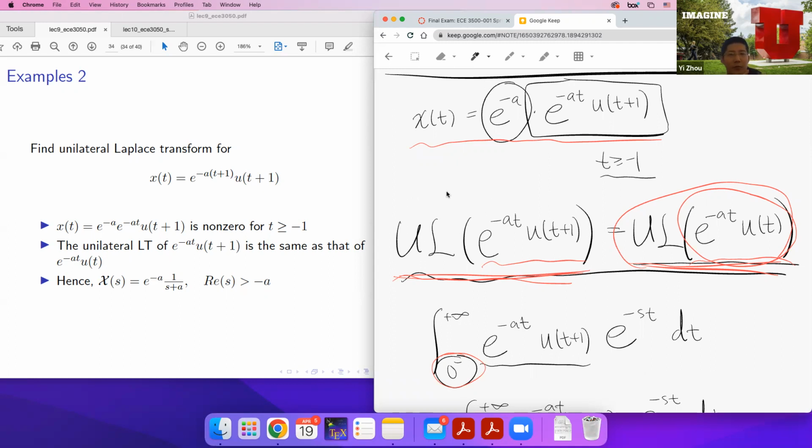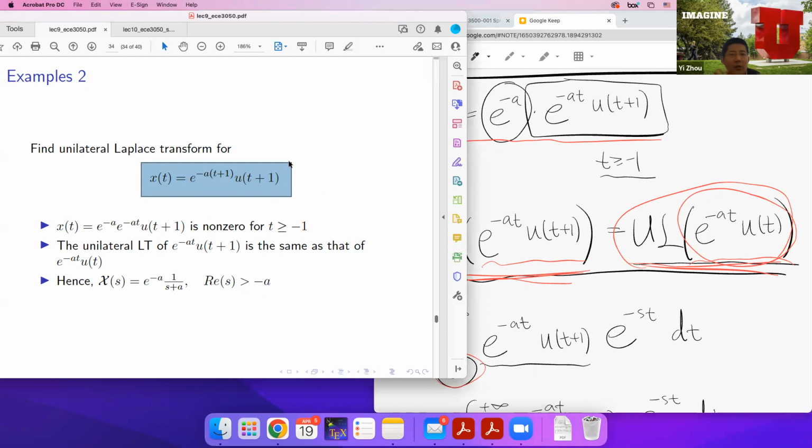Okay, so first of all, when you start with this example, with this signal, the first challenge that you can see is that the signal is not causal, right? If the signal is causal, then we know that the unilateral and bilateral transforms are the same. So we can just compute the normal Laplace transform, and that's it. So the challenge here is that the signal is not causal.